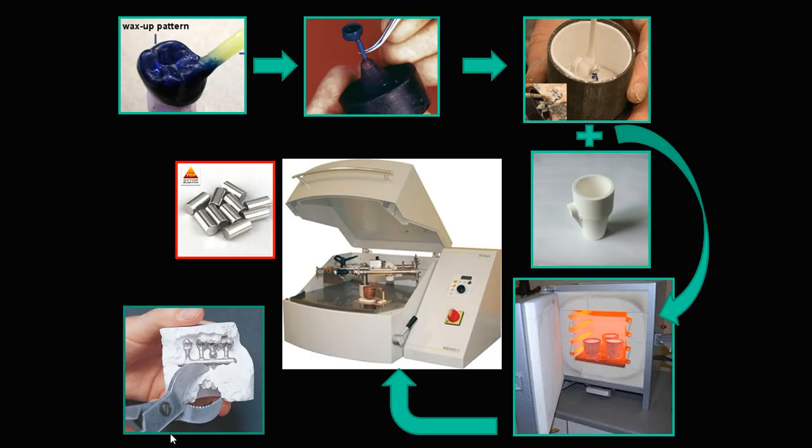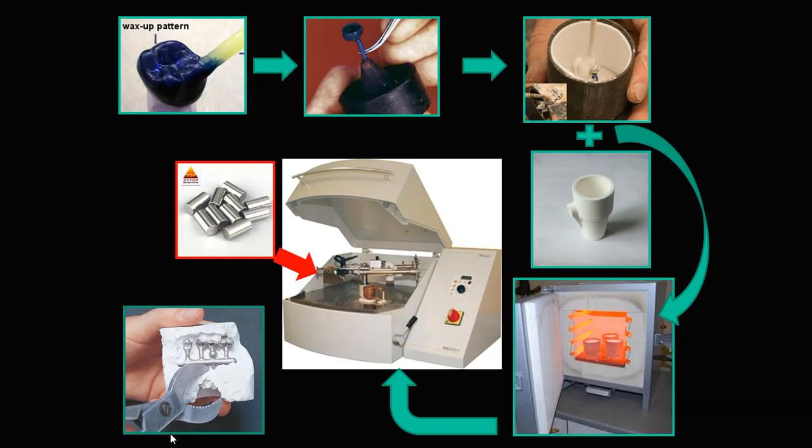Once placed inside the casting machine, metal pellets of the required metal alloy are placed inside the red hot casting crucible. The casting machine is then closed and the metal pellets are then melted into a molten state.